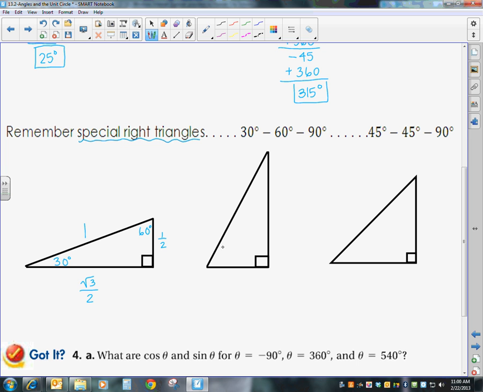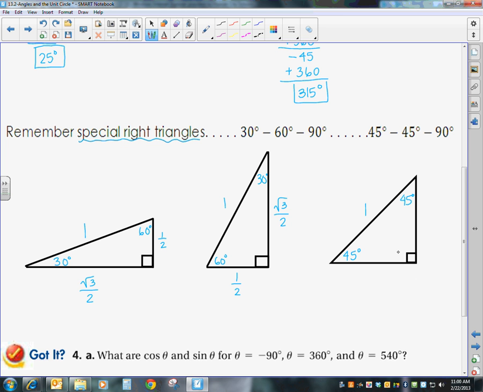And if I flipped it around, rotated it, this would be my 60-degree angle. This would be my 30-degree angle. Hypotenuse is still 1, but my short side is half the hypotenuse. Long side is square root of 3 times the short side. And then we have our 45, 45, 90 triangle. Hypotenuse is 1.